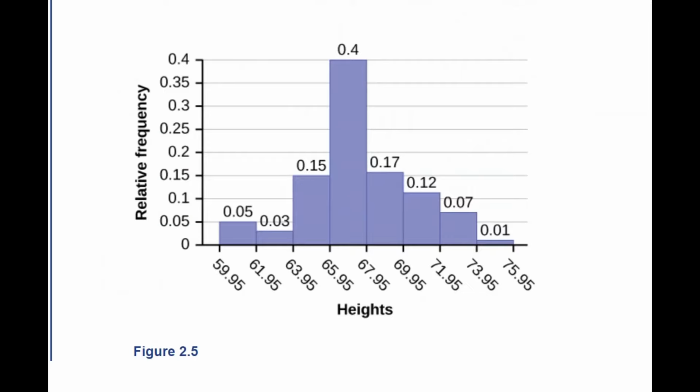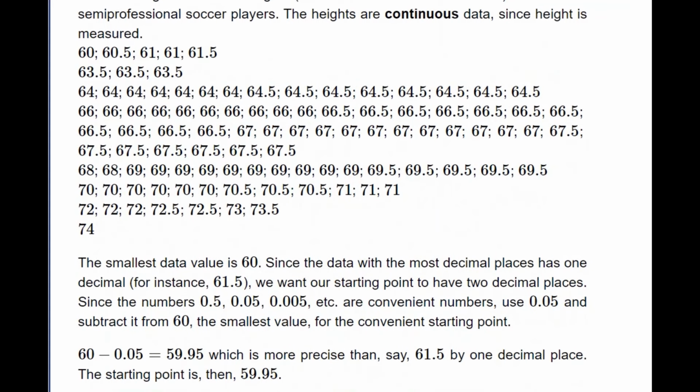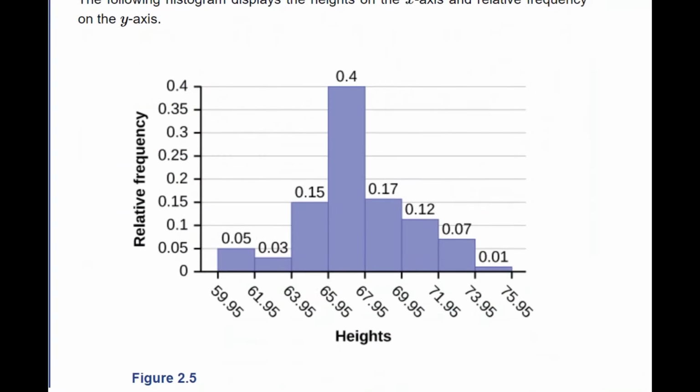Similarly, you can observe the relative frequency of all other intervals, and you can see the longest interval starting from 65.95 and ending on 67.95 has all the numbers starting from 66 up to 67.5, and the total numbers in this interval are 40. So the relative frequency of the longest interval is 40 out of 100, which is 0.4. In this way, we can see the relative frequencies of all the numbers divided into 8 intervals.